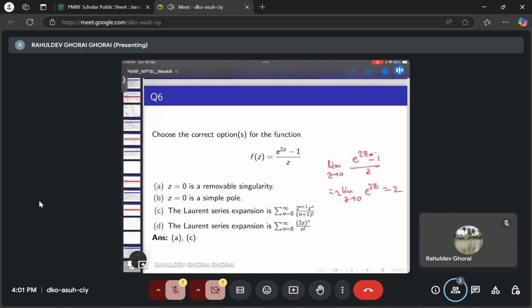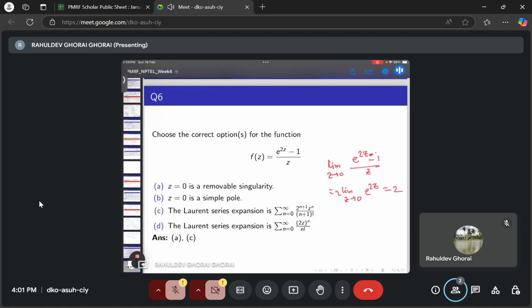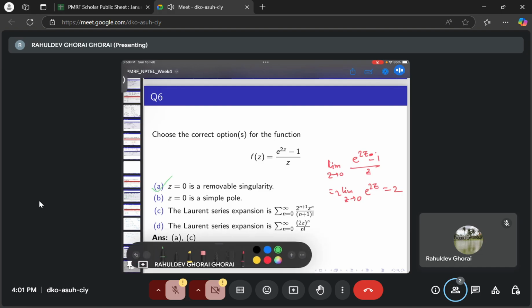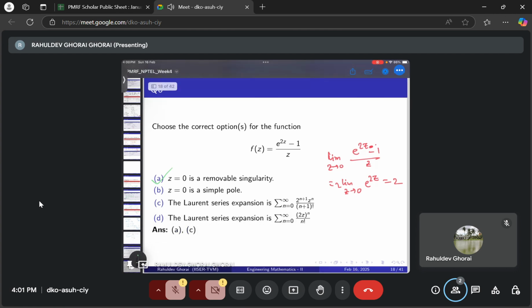It's a nice function, so you can do L'Hopital type of things to make sense. If you don't want this, you can just say that the limit exists. So it does exist, and removable singularity is correct. Whether z equal to 0 is a simple pole, you then need to find the Laurent series expansion.